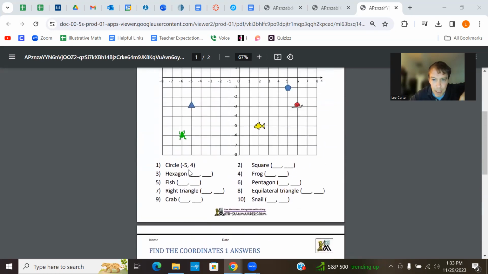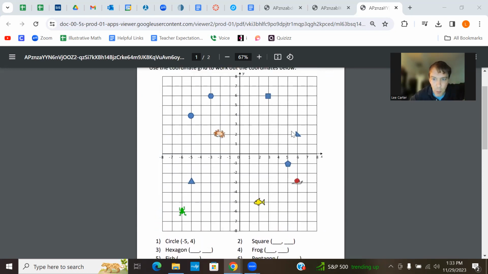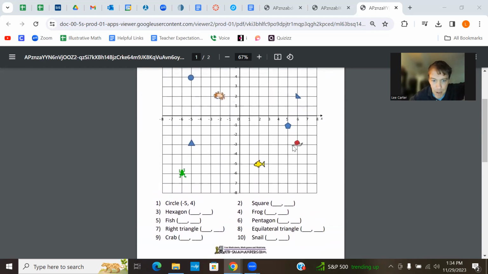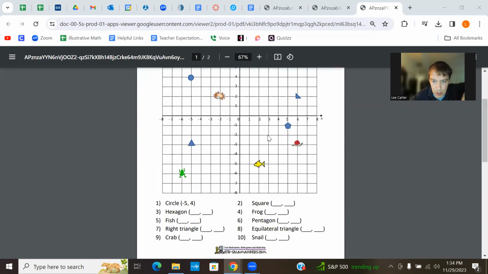All right, the fish here is going to be at +2, -5. There's a right triangle, this one right here, at 6, +2. There is a crab right here at -2x, +2y. Okay, and then the square is at 3, 6.